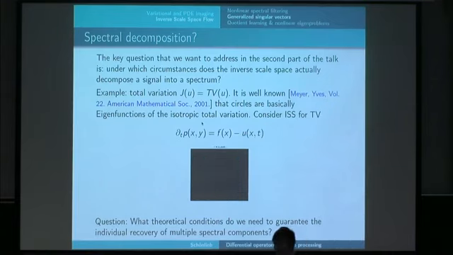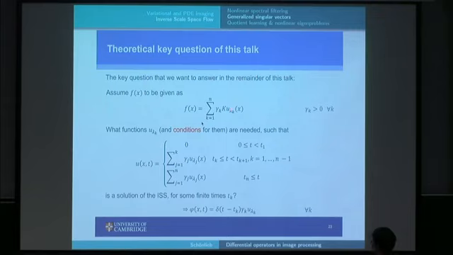And so the question is, if we assume that my image f, or not, could be an image or some measurement of this image, is written as the sum of gamma k times k u lambda k, where u lambda k are these type of singular vectors, can I recover with the inverse scale space flow one of these singular vectors after the other? Under which circumstances can I do this? So what is this generalized singular vector that I'm talking about?